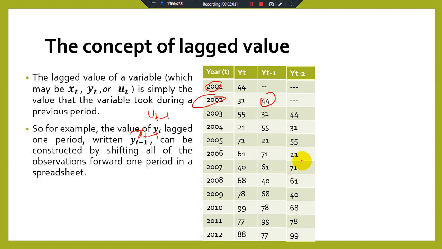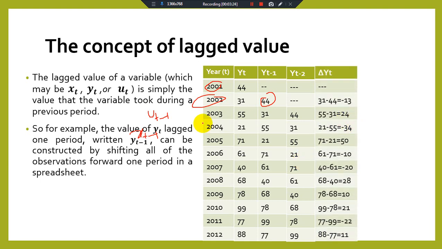Like that we can take a 3 period lag, 4 period lag. It depends upon the nature of the data, the available number of observations, as well as the theoretical modeling or theoretical link for how much lag you are taking.